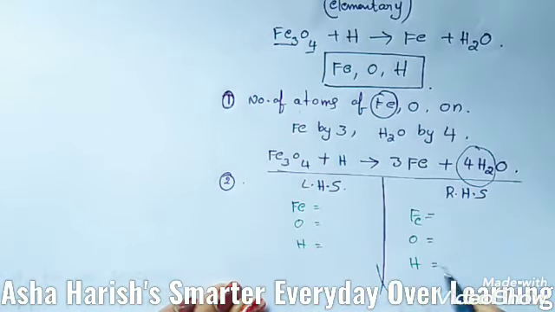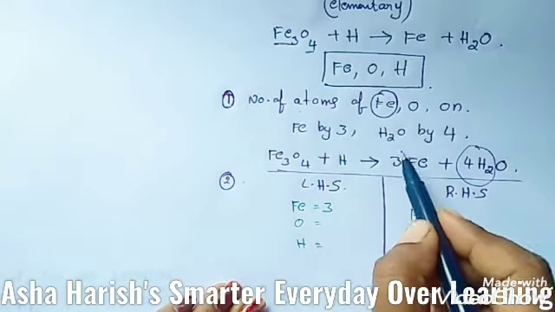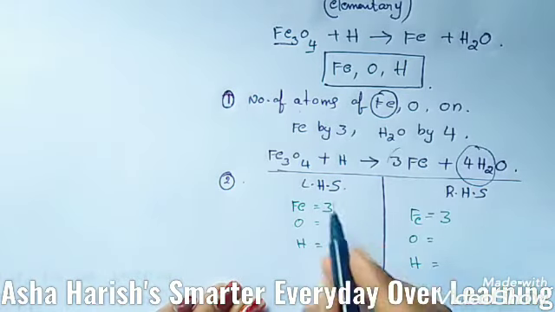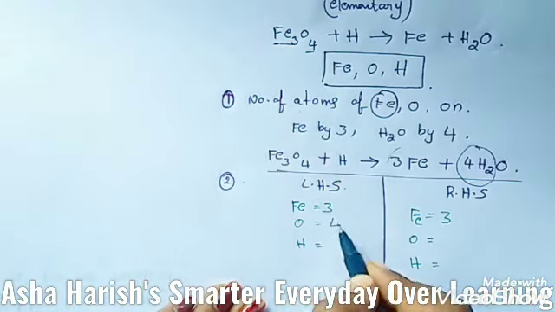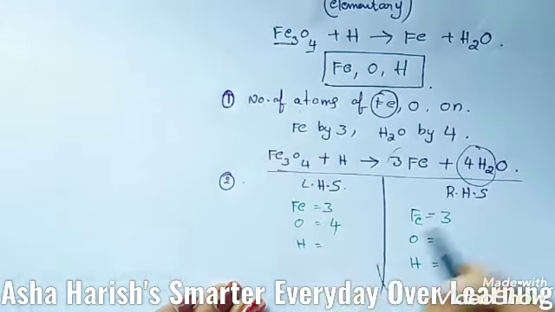Okay, you can see here iron atoms are 3. Coming to RHS, here also the same, 3. Coming to oxygens, here 4 atoms are present. Here students, 4 twos. Sorry, this 4 belongs to this O also. Then 4 oxygens. Coming to hydrogens, here only 1 hydrogen, but here 8 hydrogens.